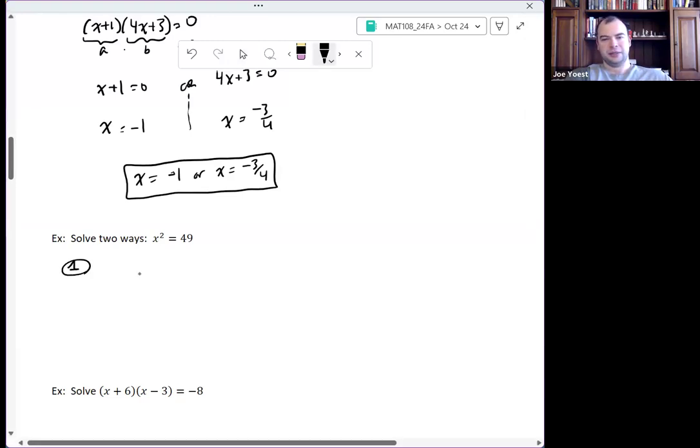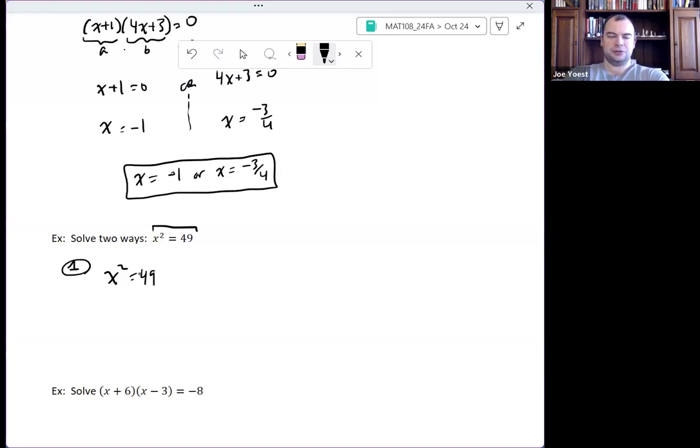So method 1 is just a direct equation-solving step. If I have some number squared equals 49, well, if I had 2x equals 49, I'd divide by 2. If I have multiplication by 2 on the x, I divide by 2 to get rid of it.